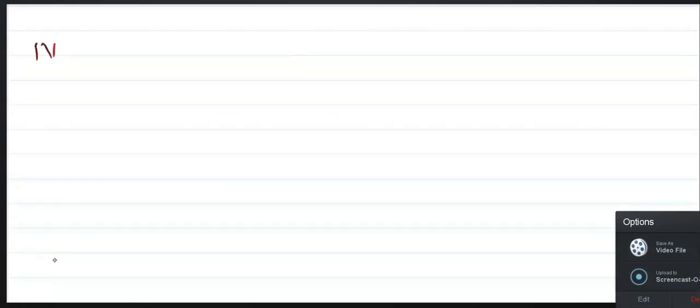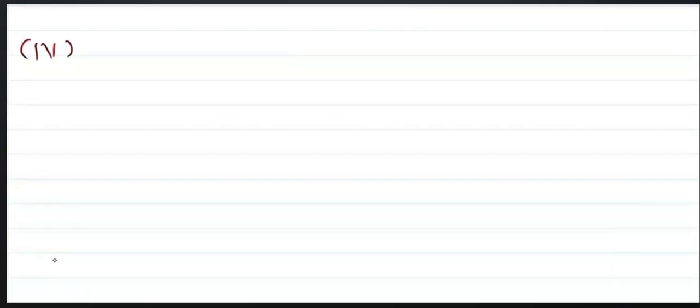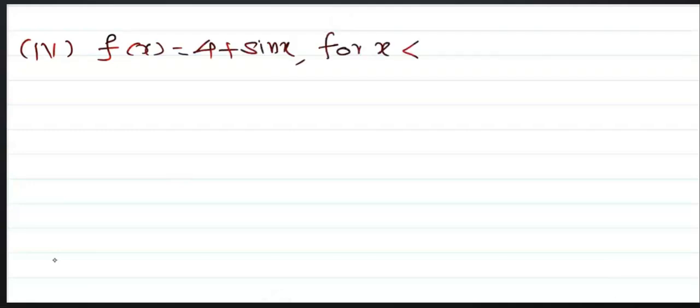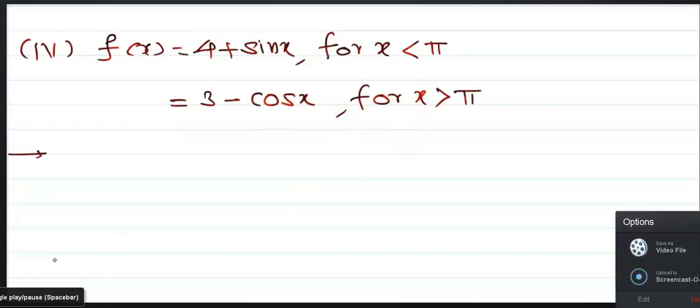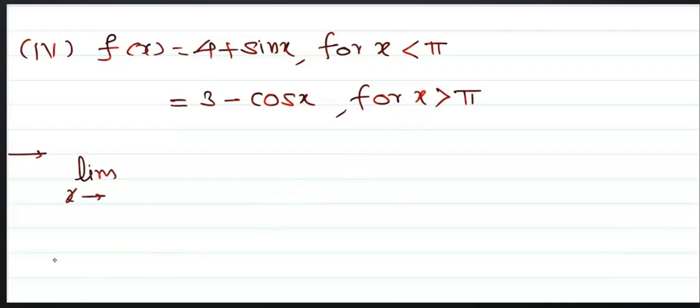Now the next problem is f of x is equal to 4 plus sin x for x less than pi. F of x is equal to 3 minus cos x for x greater than pi. Therefore we find out the left hand side limit.